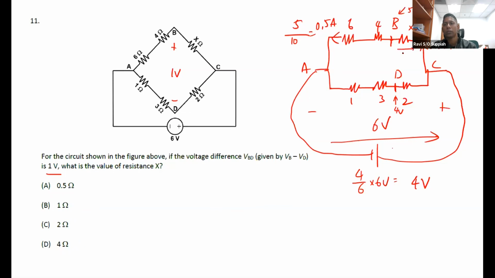So we know that the voltage drop across X can only be 1 volt. By Ohm's law, 1 volt equals IR, so 0.5 multiplied by X. Then from there you get X is 2 ohms.